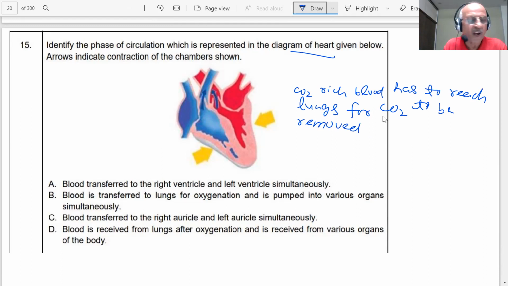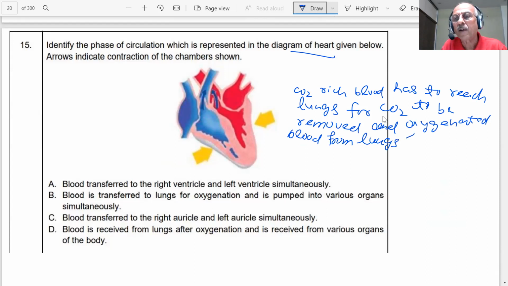And oxygenated blood, students, what will happen? Oxygenated blood from the lungs has to be brought back to the heart.